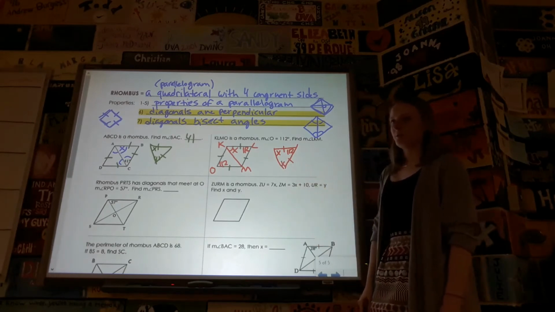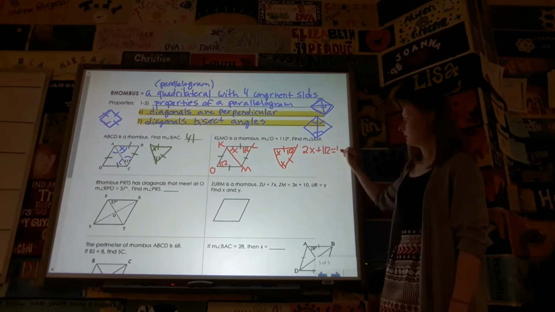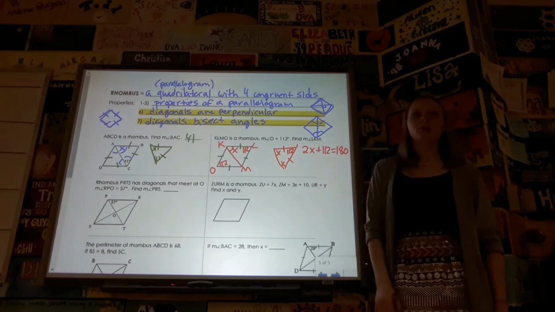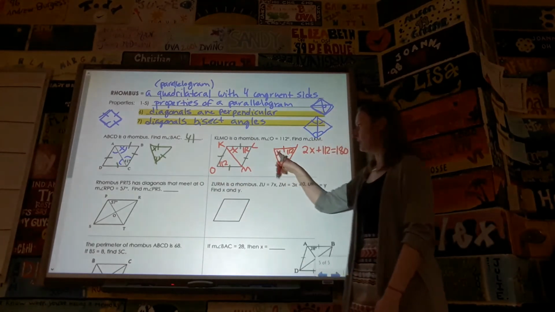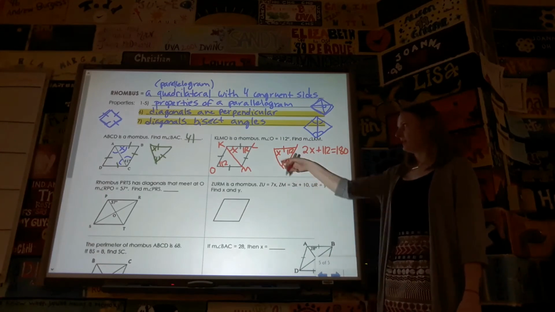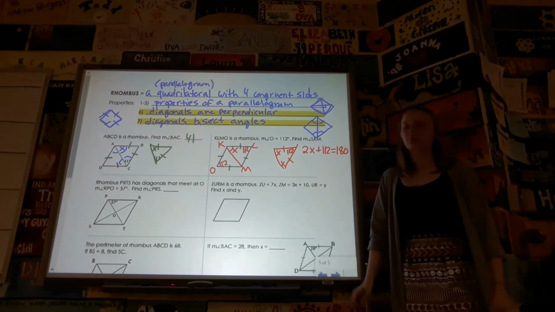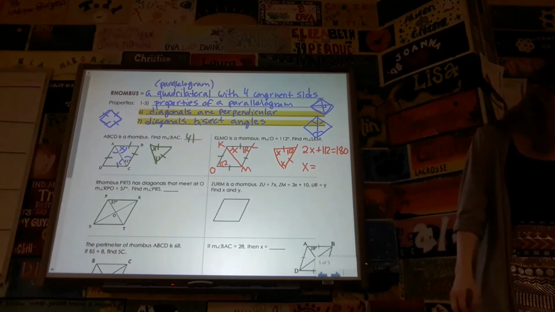So 2x plus 112 equals 180. I used that it was isosceles to say that these two angles are equal, just like we did over there. Since this was x, that's also x. I just fill in the blank there. And then I use the triangle sum theorem.